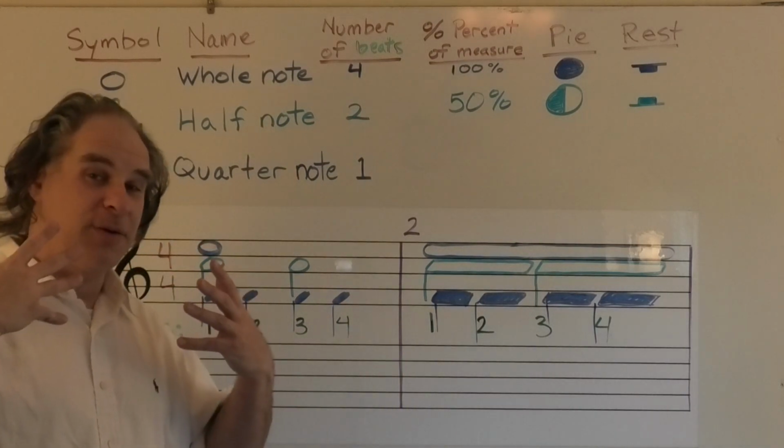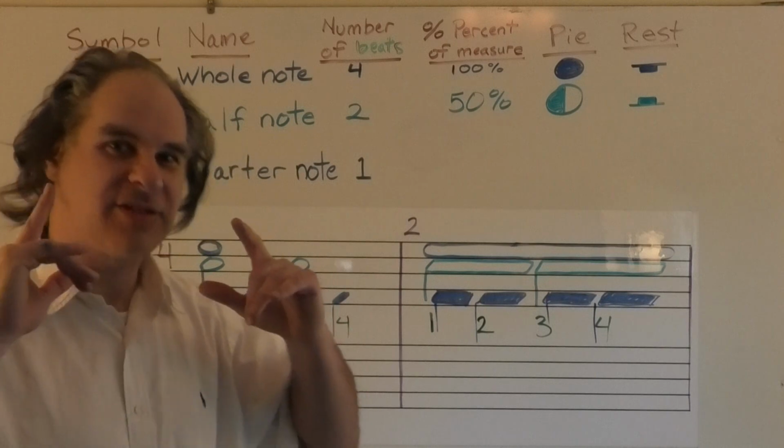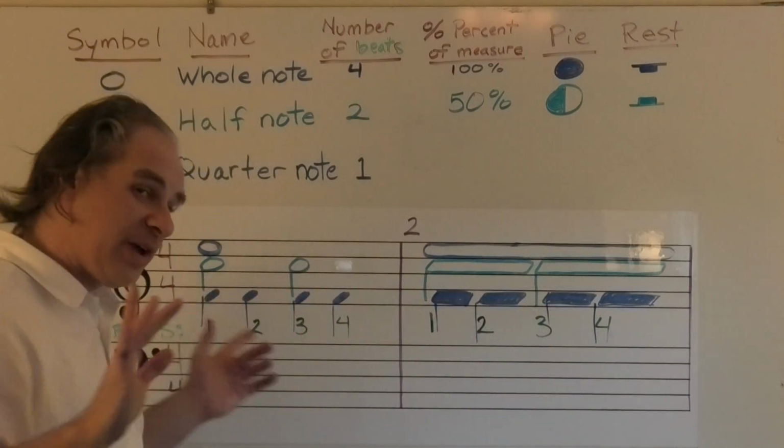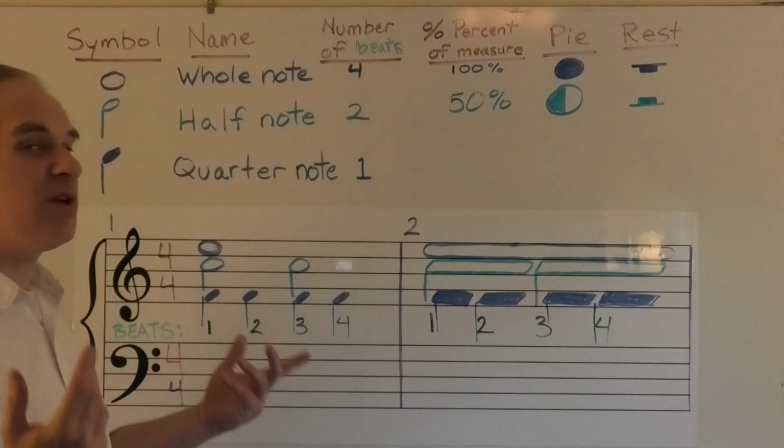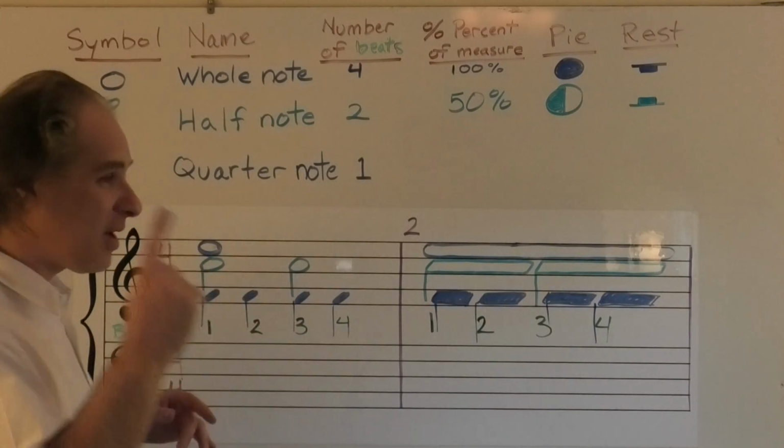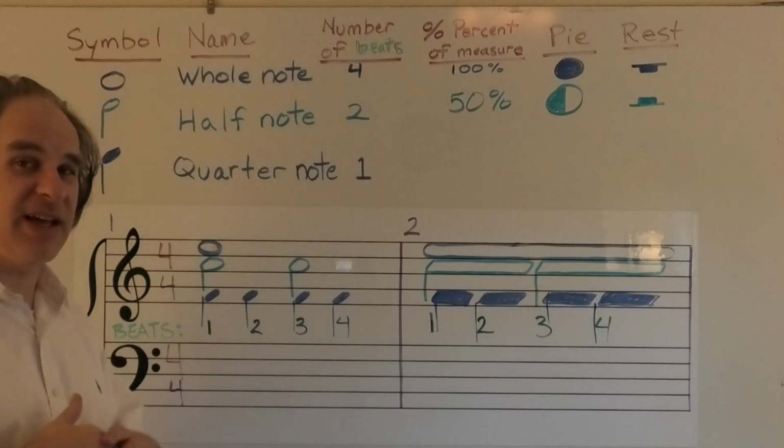I'm always counting to 4. I'm playing, I'm always counting to 4. Or 3. 1, 2, 3, 1, 2, 3. I'm playing, but I'm thinking of counting. Even to this very day, it's automatic.